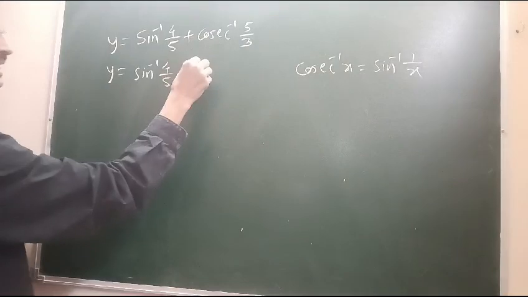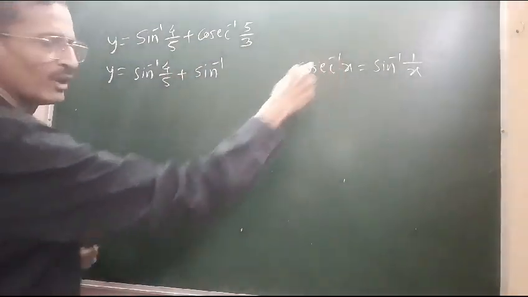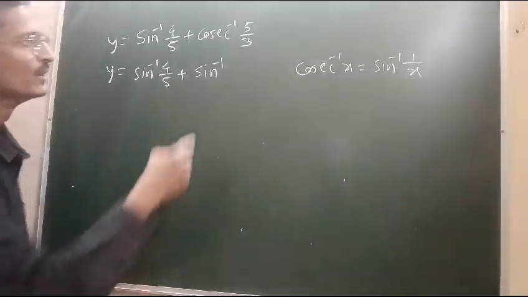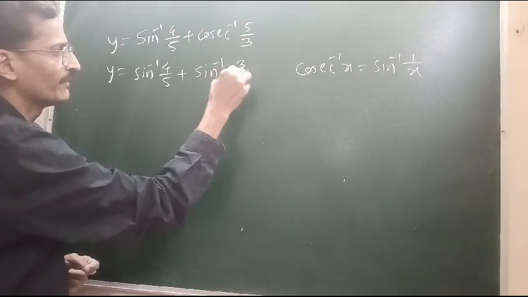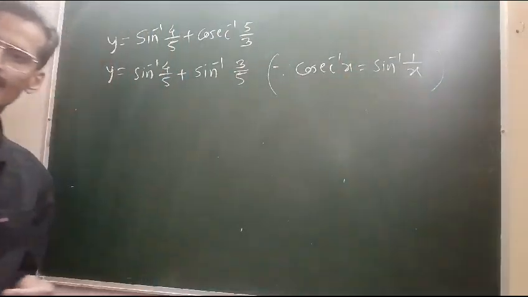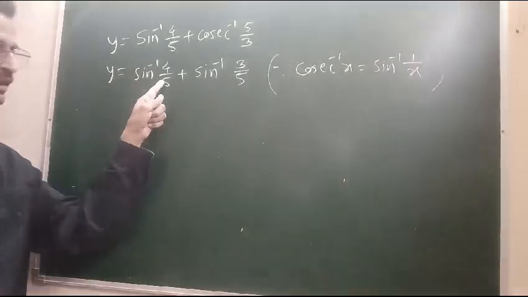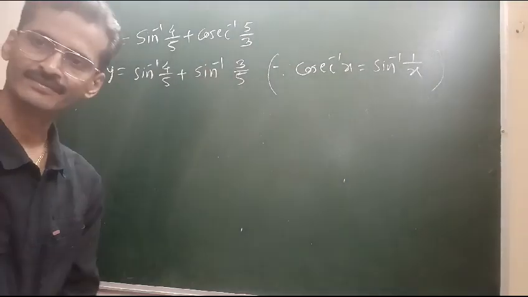So this cosec inverse we can write as sine inverse of 1 upon this, which means the reciprocal. So the reciprocal of 5 upon 3 is 3 upon 5. Write this in the bracket. So now the question is sine inverse of 4 upon 5 plus sine inverse of 3 upon 5.